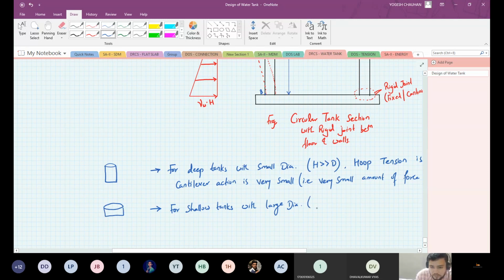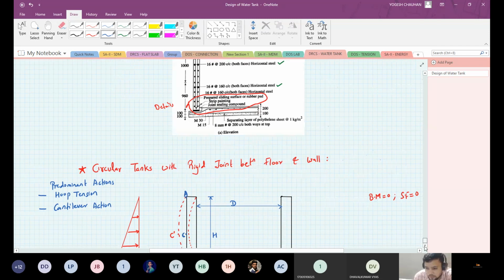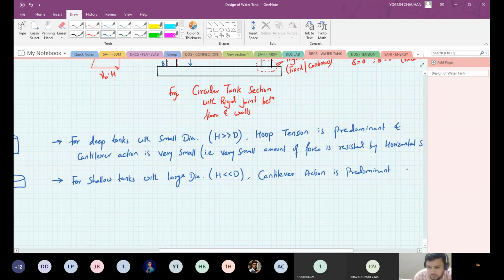So in such cases, H is much less than D. In that case, the cantilever action is predominant, and hoop tension is very small.